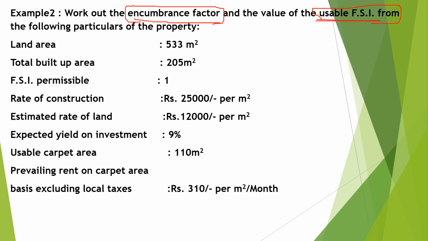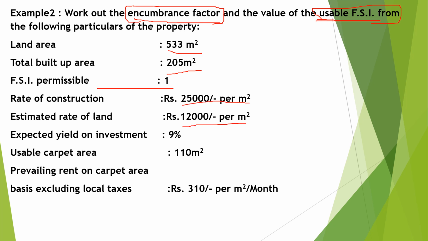Work out the encumbrance factor and the value of usable FSI from the following particulars of the property. Land area is 533 square meter. Total built up area is 205 square meter. Permissible FSI is F1, meaning 1 is to 1. Rate of construction is 25,000 per square meter.